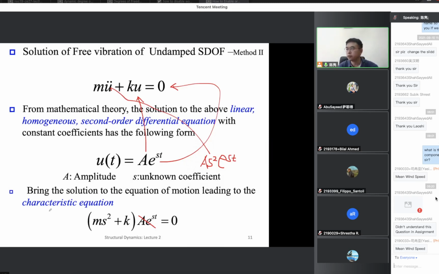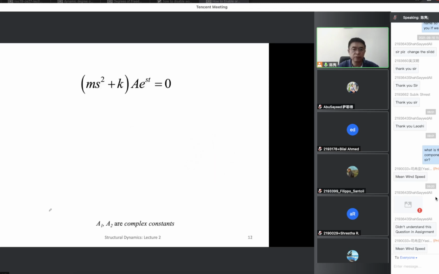This is called the characteristic equation, or sometimes the eigenvalue equation. From this equation, you have two imaginary roots, because s squared equals minus k over m, where k is positive real and m is positive real.